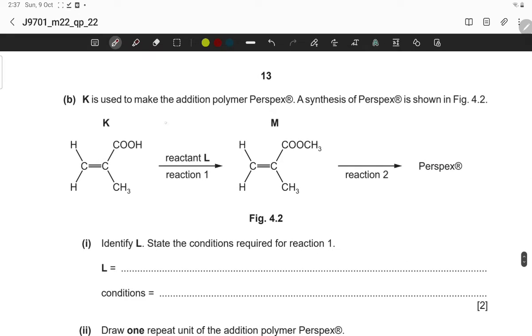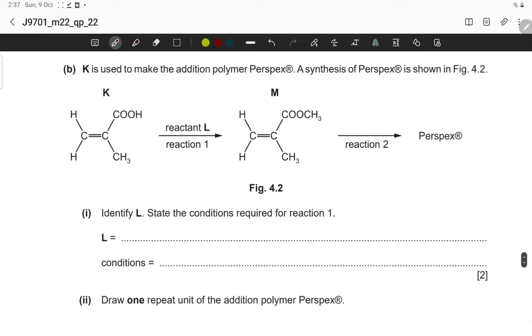K is used to make the addition polymer Perspex. A synthesis of Perspex is shown in figure 4.2. This is K and reactant L to form CH2=C(CH3)COOCH3.